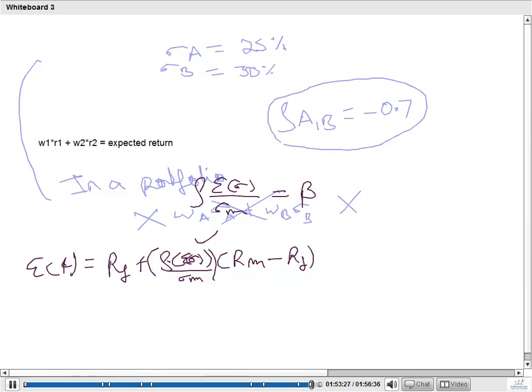It can also be written as covariance of the portfolio with the market upon the variance of the market. This is the same formula. If I substitute the formula of correlation, correlation is covariance upon sigma into sigma, I will get this formula. So beta is given as covariance upon variance, or correlation into sigma p upon sigma m.